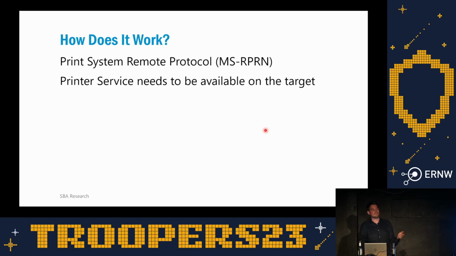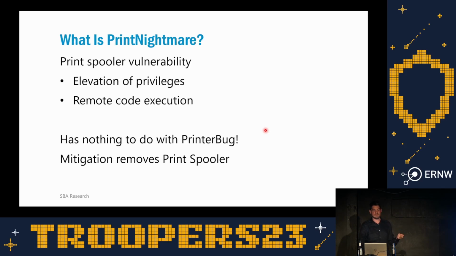And this is also where the relation with Print Nightmare comes into play. Print Nightmare is something completely else. It's a print spooler vulnerability, which is about escalation of privileges, remote code execution, quite bad stuff, actually. Most probably you have heard of it, because it was quite a big deal when it came out.